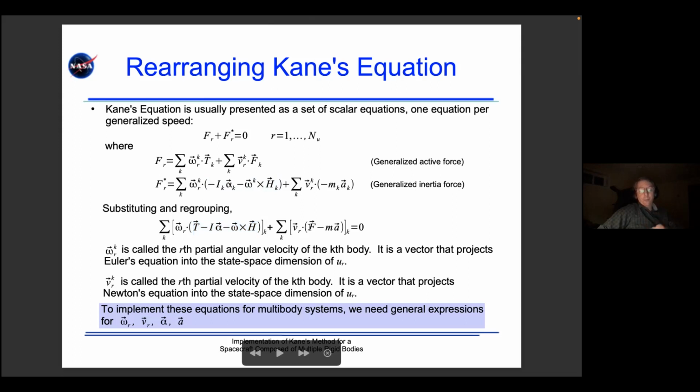And I think whenever you're doing dynamics, you should go looking for these. Where is F equals ma? It's in there somewhere. What I've done here is multiply them by these factors, the partial velocities and the partial angular velocities. And what's very special about these is that they separate out the dynamics from the constraints I was talking about.